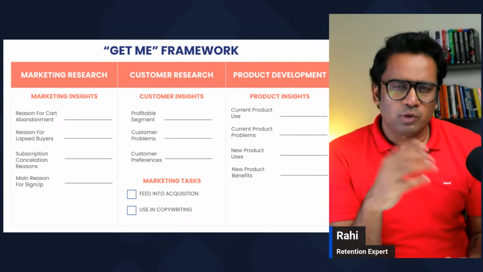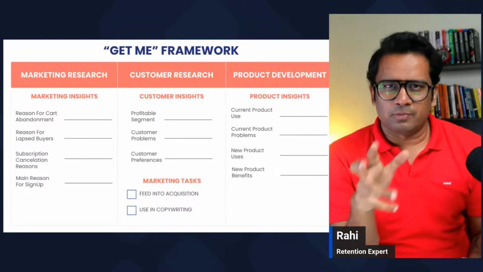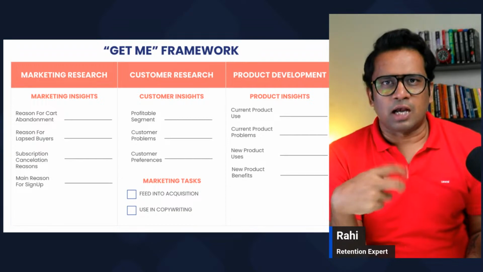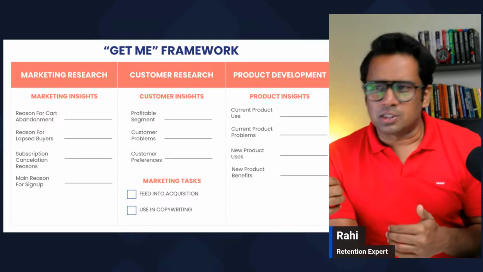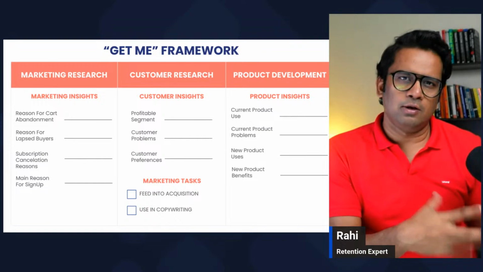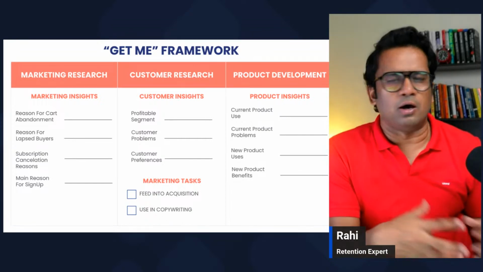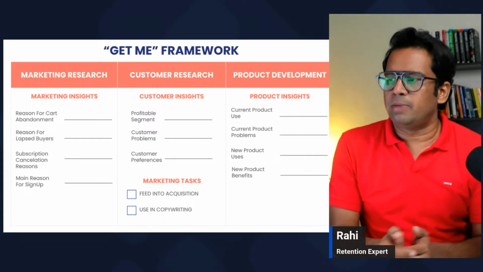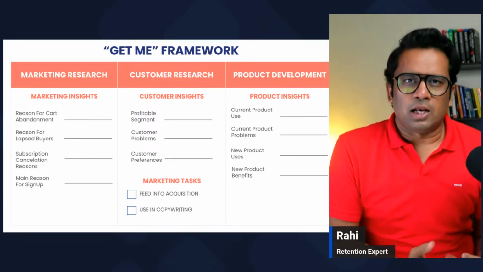Once you have that clarity, you can have a better persona of the user, then create that segment and feed it to your acquisition system. So you make a lookalike, but instead of creating a lookalike of every customer, you create a lookalike of only your best customers, and then feed it back into the lookalike audiences.